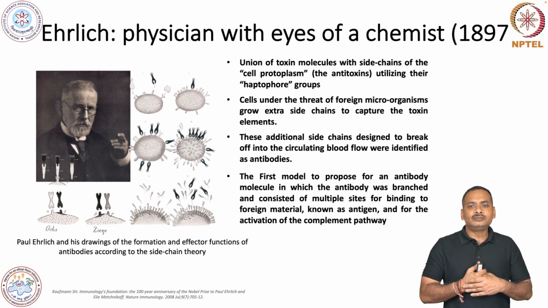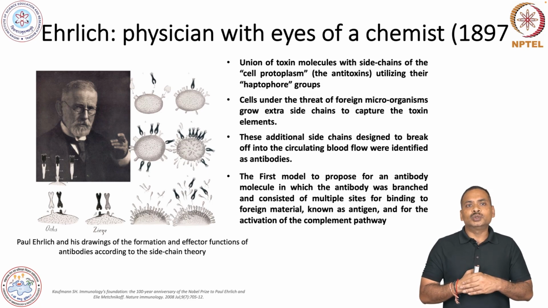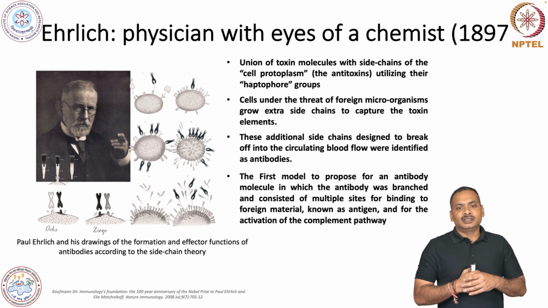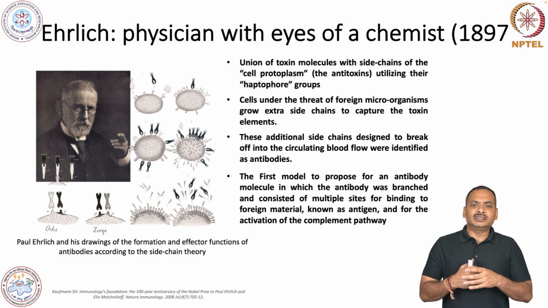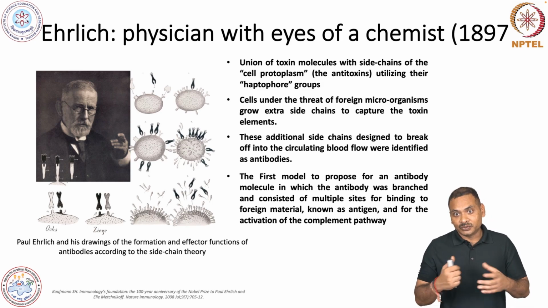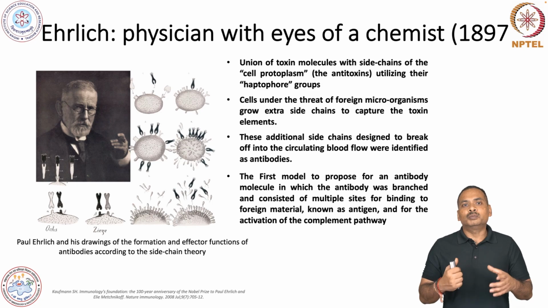So this was the first model proposed for an antibody molecule, in which the antibody was branched and consisted of multiple sites for binding to foreign material, known as antigen, and for the activation of the complement pathway.